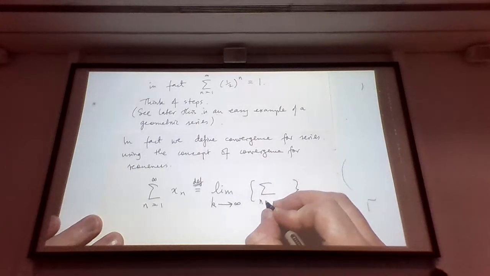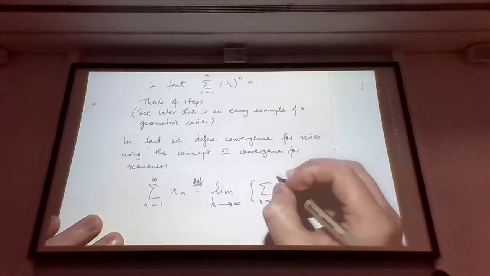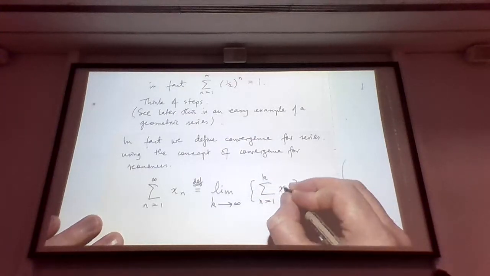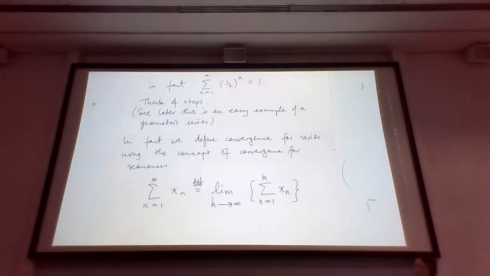So we represent them quite nicely as the sum from n equals 1 up to k of x_n. Now these summations on the right-hand side are completely unproblematic from the philosophical standpoint. Each one of these is just a finite sum. You've just got some collection of numbers, x_1, x_2, x_3, all the way up to x_k, and you're just adding them up. It may take a long time to calculate, but there's no philosophical or conceptual problem about these sums.